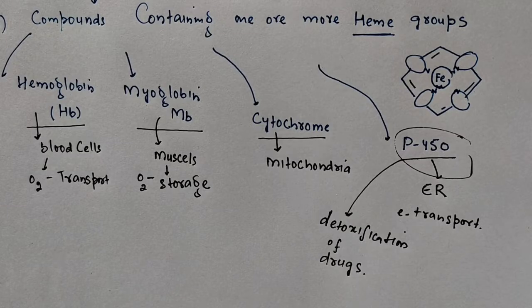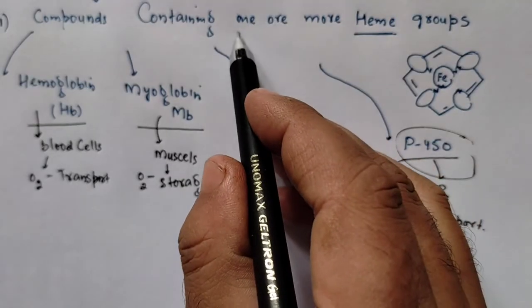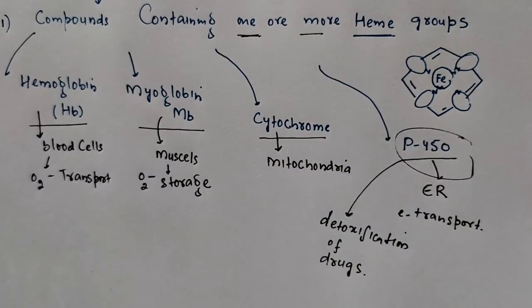Okay. So these are the basic four compounds, and the basic information about these four compounds present in the living systems which contain one or more heme groups. ठीक है, तो यहाँ से question आ सकता है.